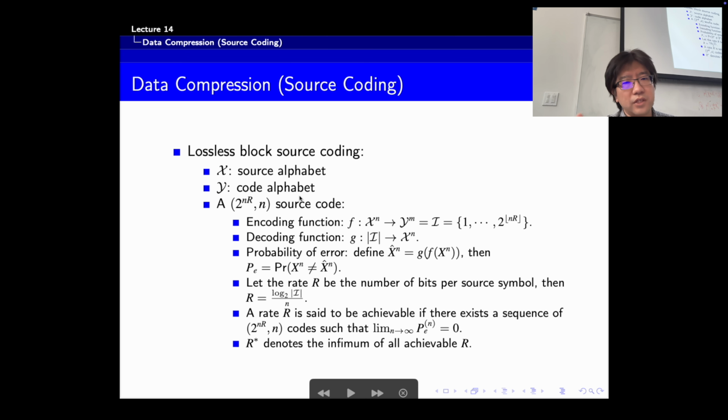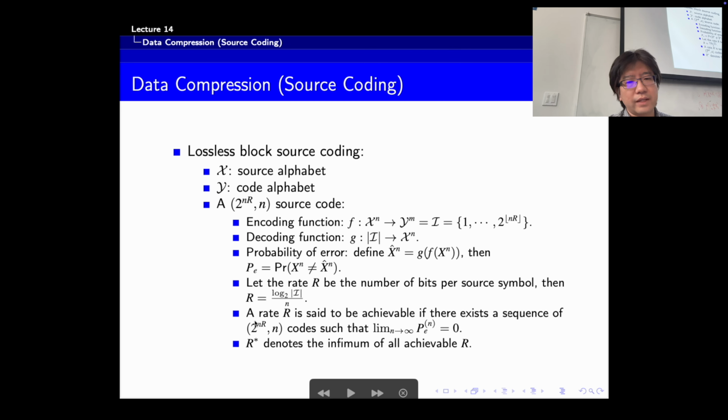And here's the definition for lossless block source coding. Just try to remember all of them, right? We need to define the encoding function, decoding function, error, probability of error, and the rate, and then what is achievability. What is said to be achievable?